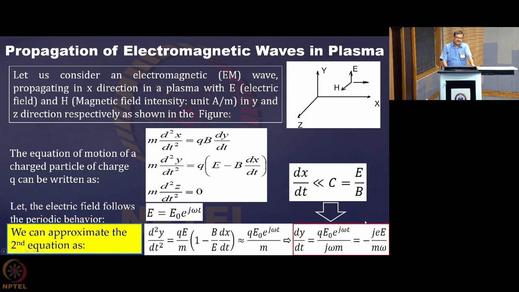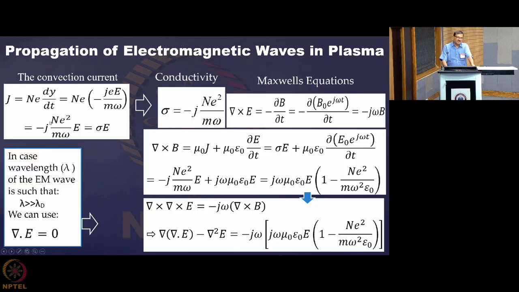We will substitute dy/dt equal to minus j e by m omega into the expression here, and what we get is j n square by m omega into E. Now if we compare with J equal to sigma E, we can very clearly find that sigma is equal to minus j n e square by m omega.